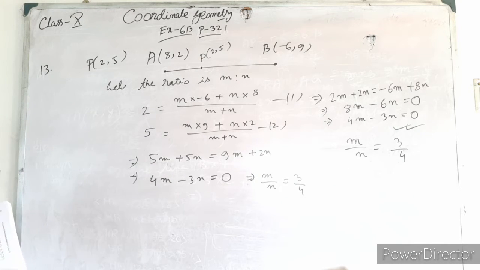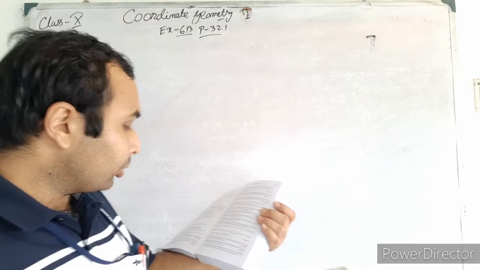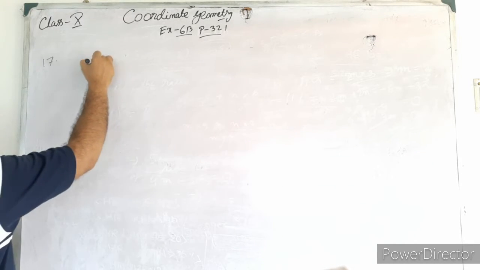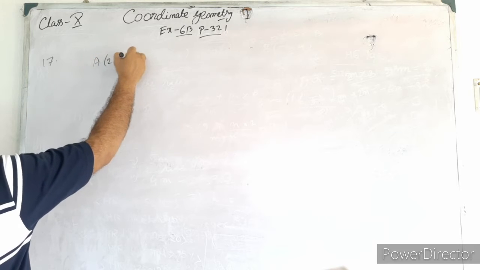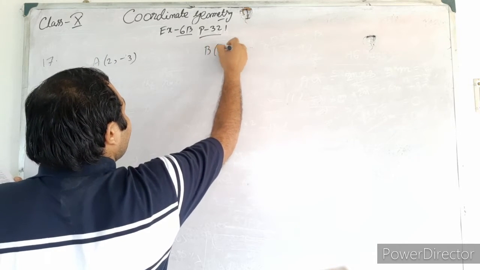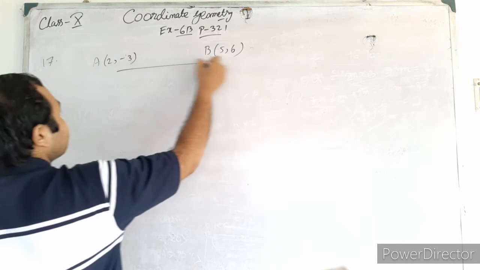Okay, so our next example is number 17. In what ratio is the line segment joining A(2, -3) and B(5, 6) divided by the x-axis?